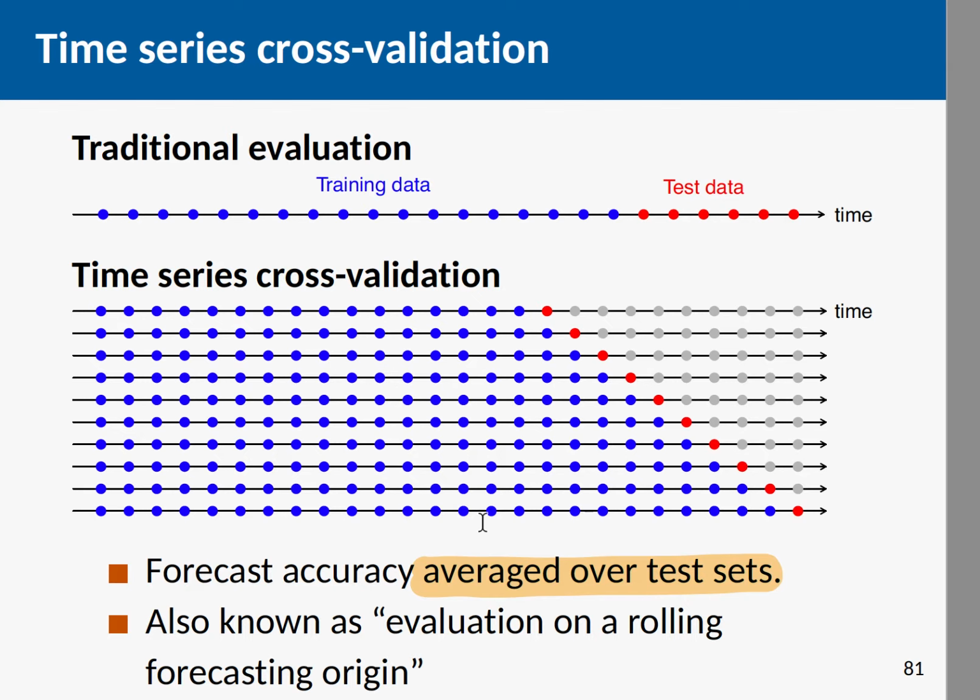For this reason, this method is also known as evaluation on a rolling forecasting origin. This basically suggests that the origin on which the forecast is based rolls forward in time.